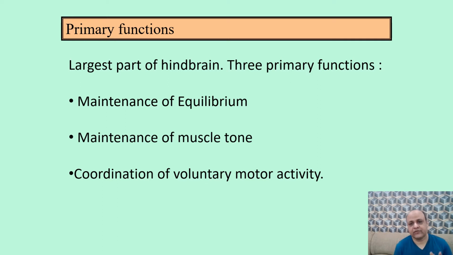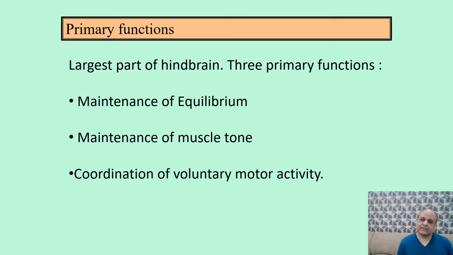And then this is very important, coordination of voluntary motor activity. So whenever we perform an action, the different body parts act as a cohesive unit so that functionality is attained. So each part has got a role and the parts then work in a coordinated manner, or they work in tandem with each other so that that activity is accomplished.